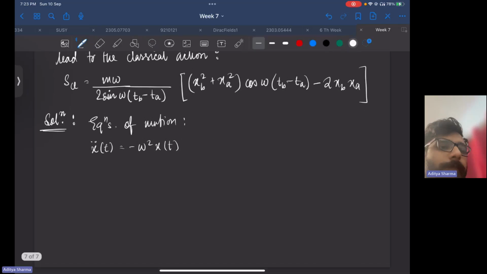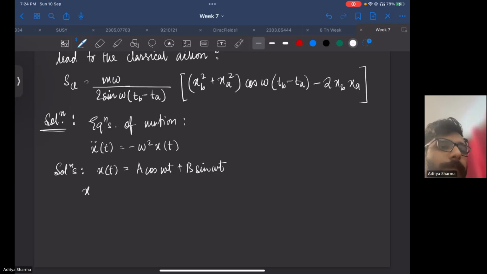The solution is x of t equal to a cos omega t plus b sin omega t. This is the most general solution, right?